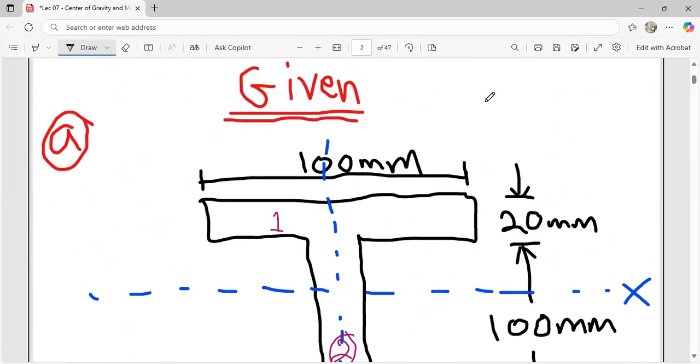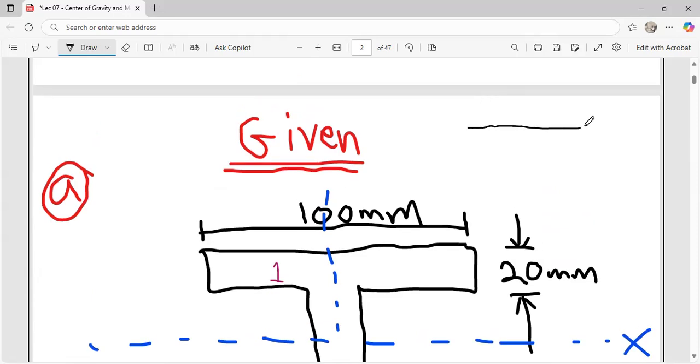Of this diagram, if you pick part 1 like this, here is 20, and here is the same as the D. And this is the B, and here was 100. As simple as this.